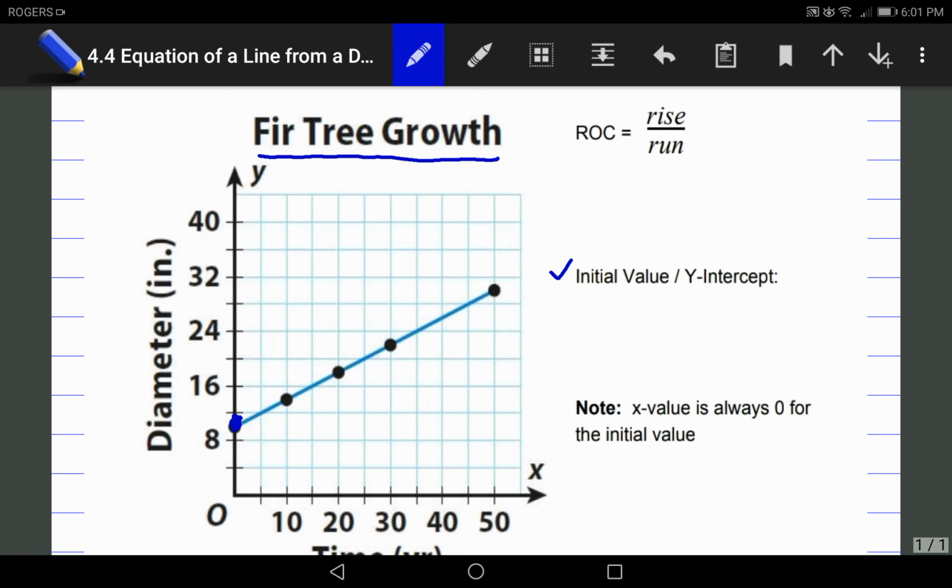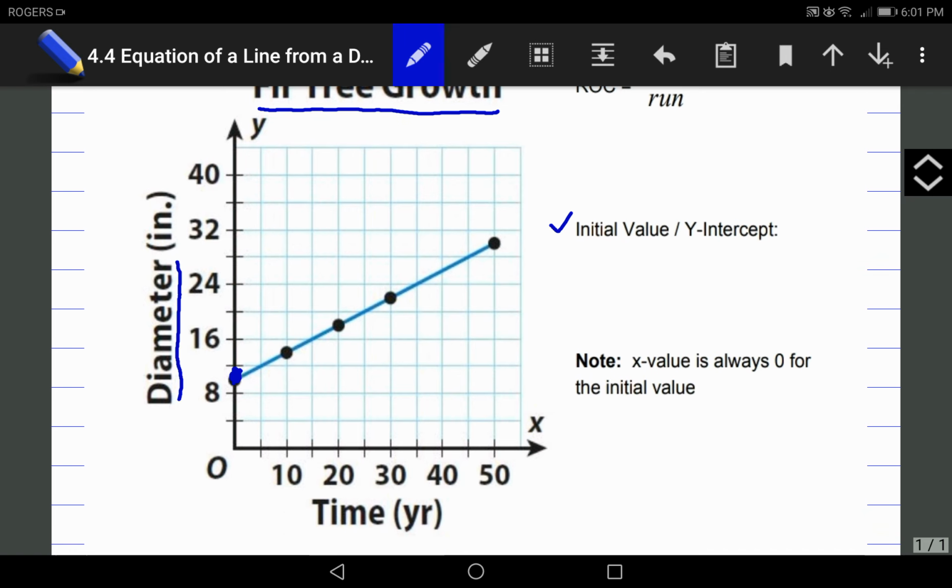We'd see that on the y-axis we have the diameter in inches, and on the x-axis we have time in years. Looking at my scale, it looks like I'm going by fives on my x-axis, and by fours on my y-axis.